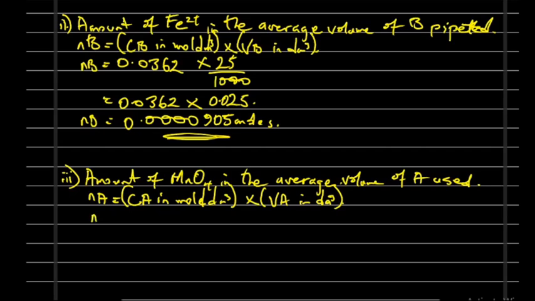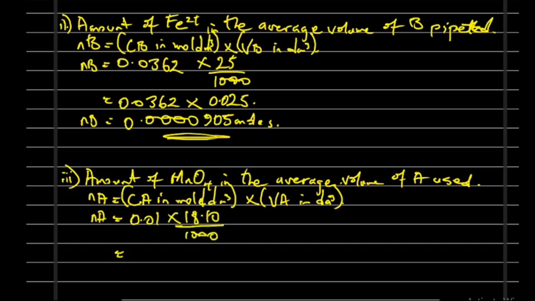So we have our NA equals 0.01, which was what we were given in the question, times 18.10 divided by 1000.